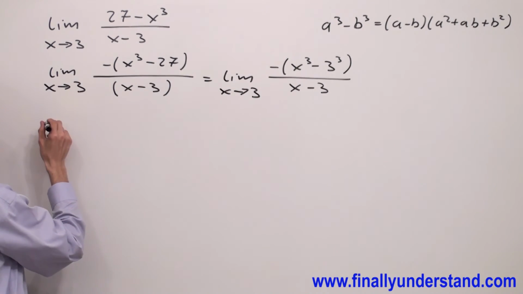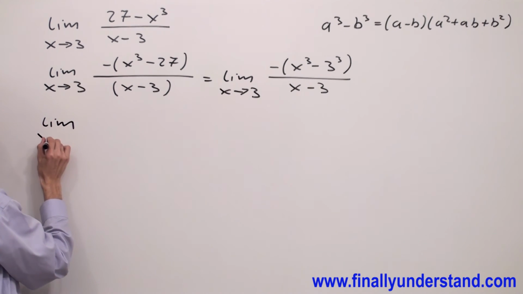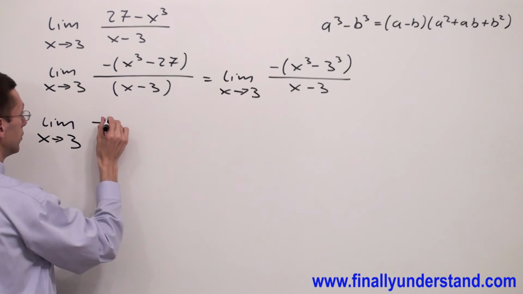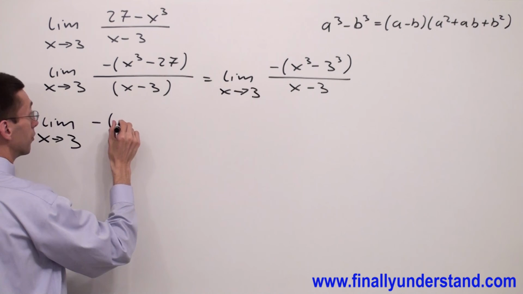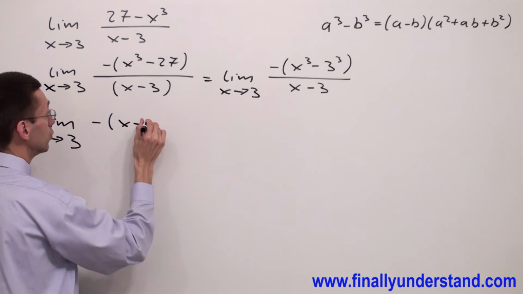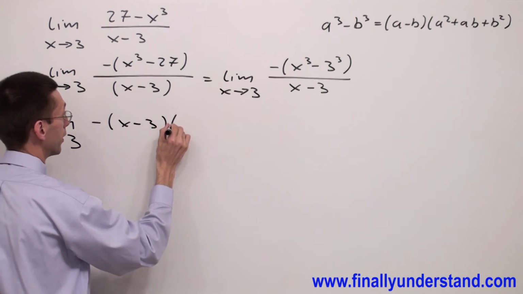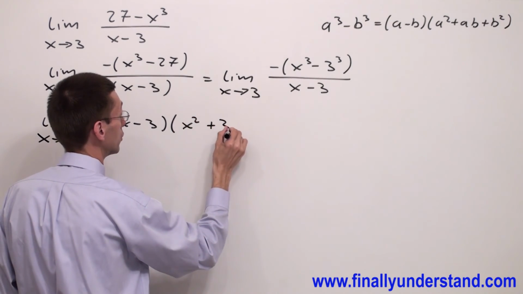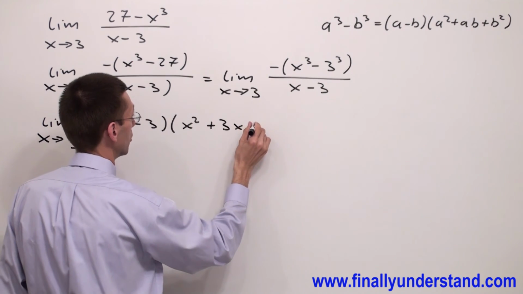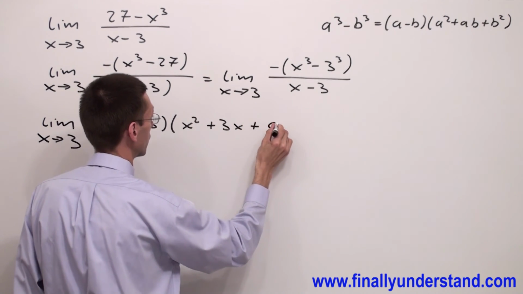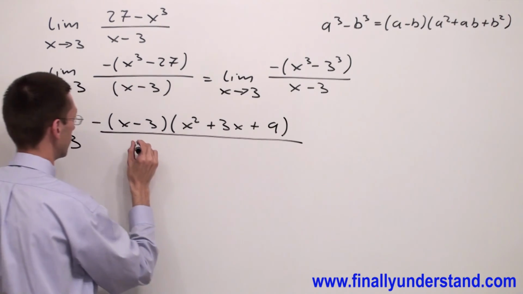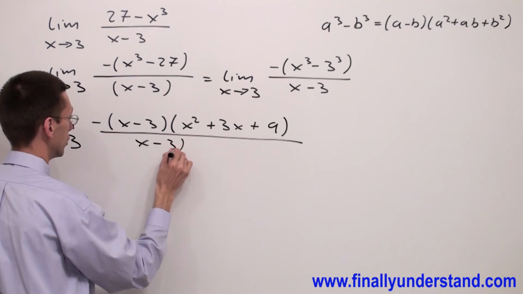So I'm going to rewrite this as limit x approaches 3 negative, and I'm going to have x minus 3, and I'm going to have x squared plus 3x plus 9. In the denominator, I have x minus 3.